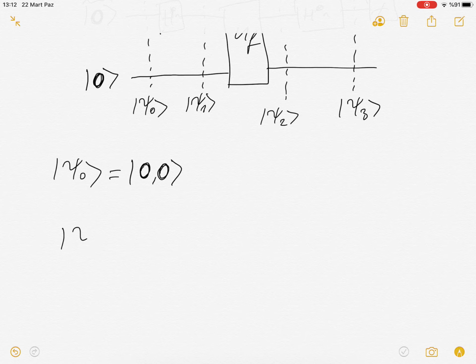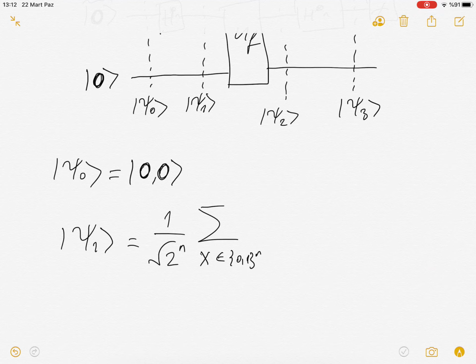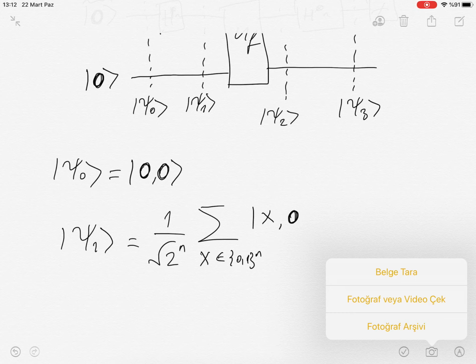So psi 1 will be equal to 1 over square root 2 to the power n, summation over boldface x. This is an n-bit string. So we have the set of all n-bit strings in superposition, and in the second register we have all zeros.